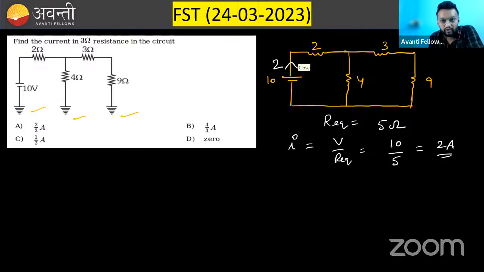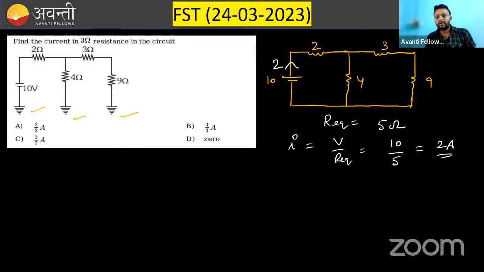For calculating current or for calculating the equivalent resistance? Current. Ohm's law. I is equals to V by R equivalent. This is V equals to I into R. This is Ohm's law.